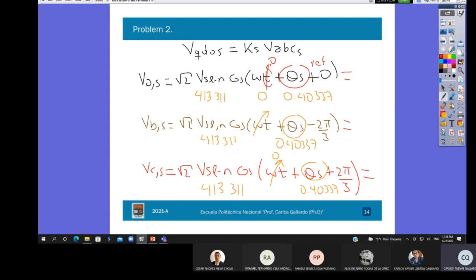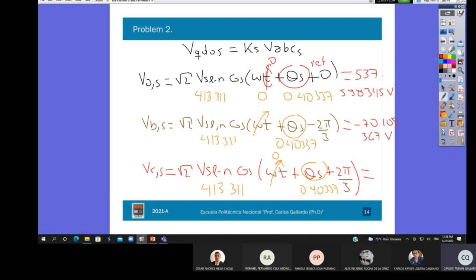Okay, so let's compute for the three-phase system what these values are. For phasor A, I will have 537.598345 volts. For phase B, I will have negative 70.150367 volts.